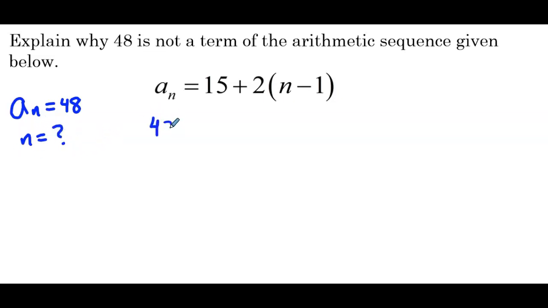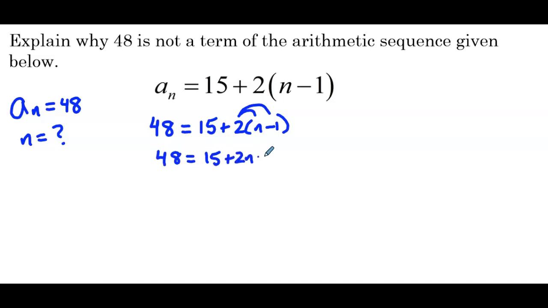So we get 48 equals 15 plus 2 times (n minus 1). We'll start by distributing the 2 out, so 48 equals 15 plus 2n minus 2. So 48 equals 2n plus 13. We can subtract 13 from both sides. So we would have 35 equals 2n.